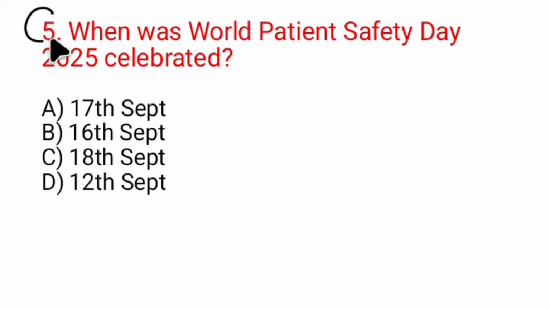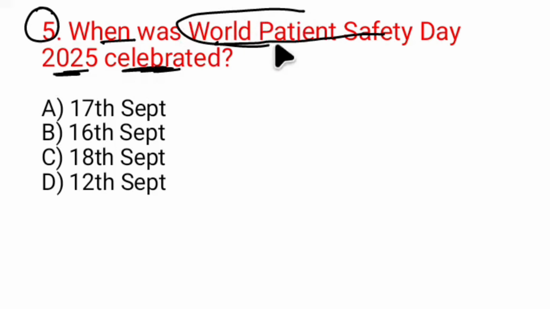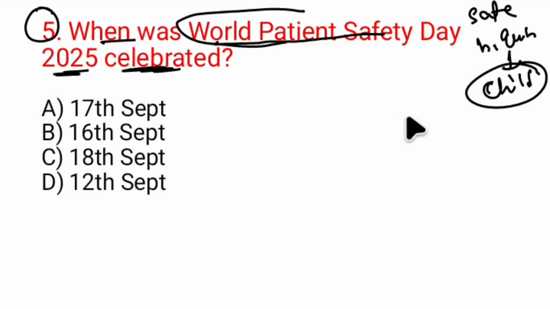And question number 5, when was World Patient Safety Day 2025 celebrated? So World Patient Safety Day is majorly concerned about ensuring the safety of newborn babies and child care, to get safe health and quality health facilities for a child.